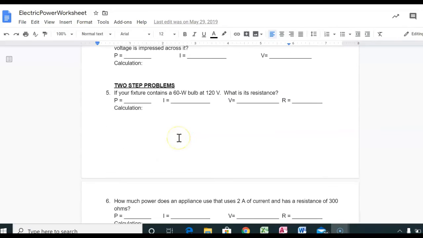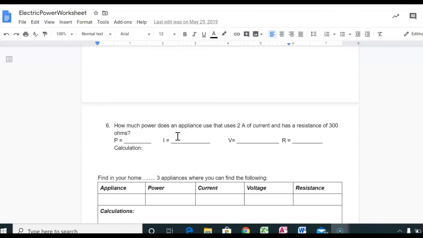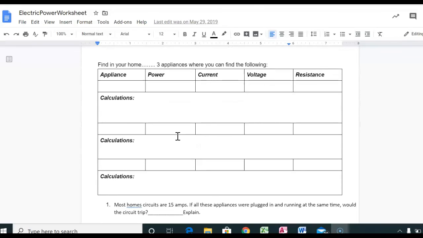Then there's some that has you use both of our equations. So P equals I times V, and then also V equals I times R. And then down here at the bottom, you get to do kind of like what I did with 3 appliances. You get to also pick 3 different appliances and tell us what you find using both equations.